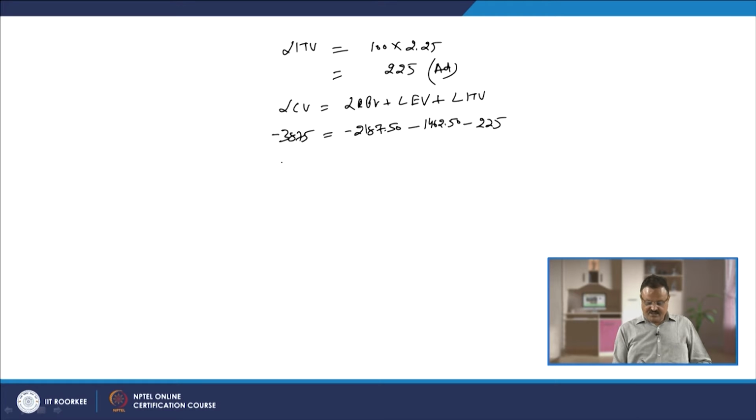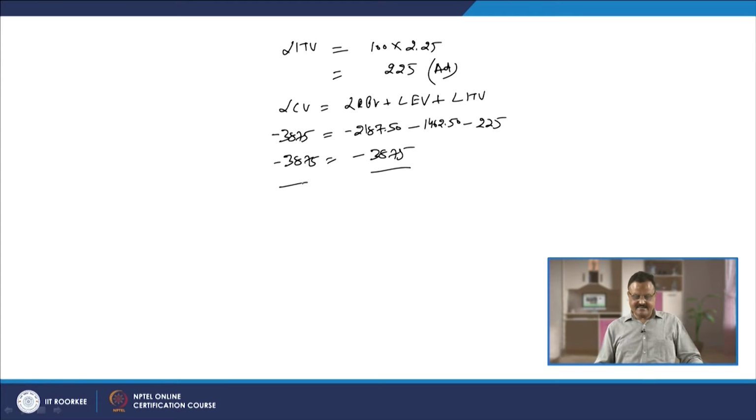If you sum up these three, it becomes minus 3875, equal to minus 3875. So, within the exam, if you are talking from the academic point of view, you can come to know that the problem you have solved is correct, because both sides are equal.